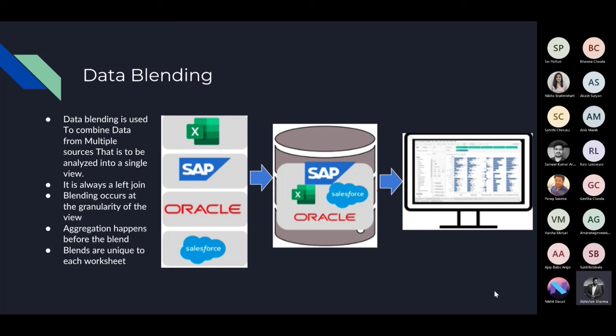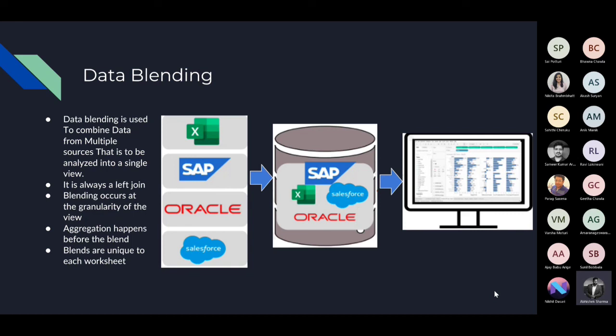It occurred on period and region analysis, and those values came period and region wise. It always happens before aggregation, so whatever aggregation has come there happened before the blend.